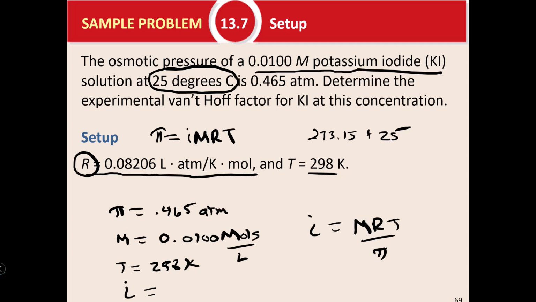What we need to know is the molarity of the two particles, because potassium iodide breaks into these components. So the way we figure that out is the way they show it here on the next slide.